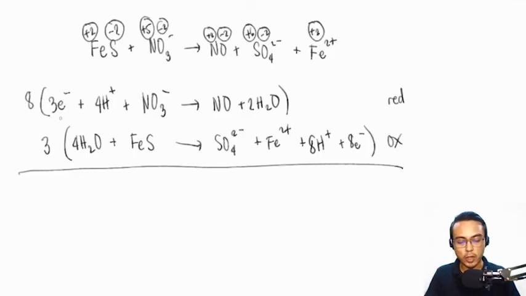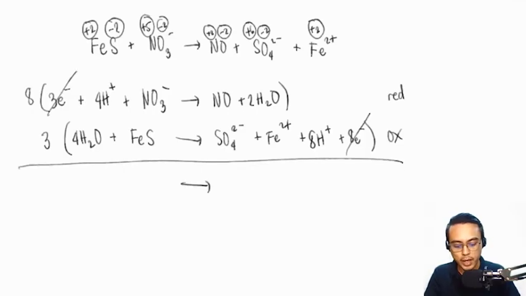Electrons cancel because you have 24 on the reactants and 24 on the products. All of the remaining terms will be 8 nitrate plus 3 FeS plus 32 H plus 12 H2O.